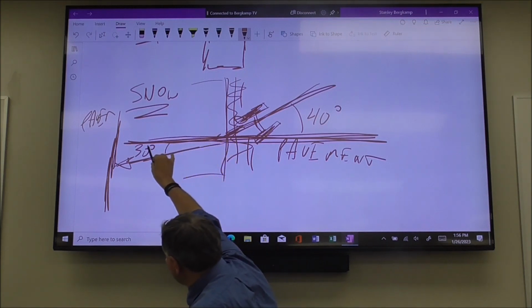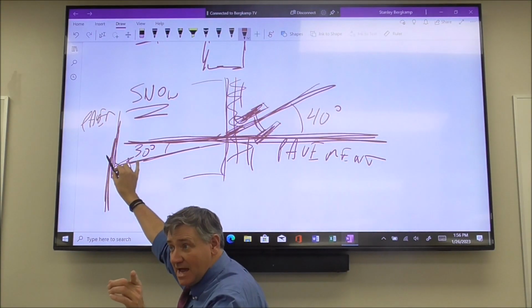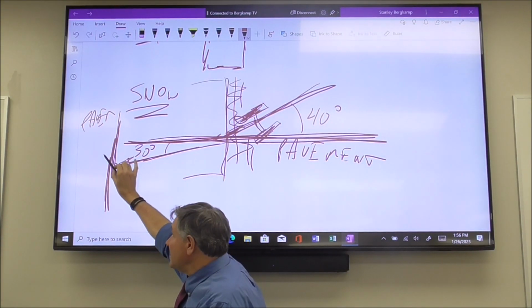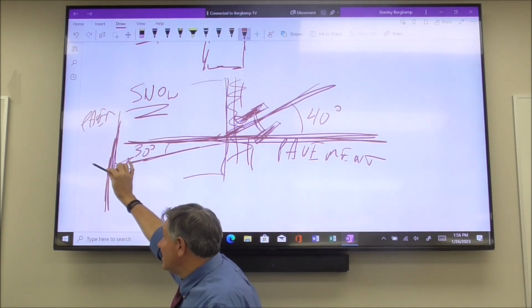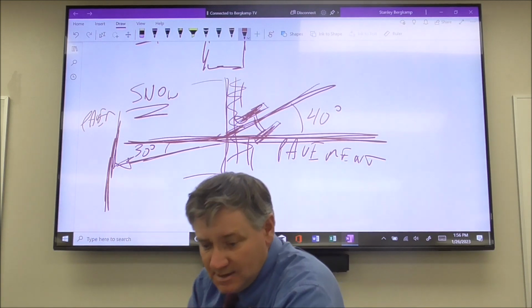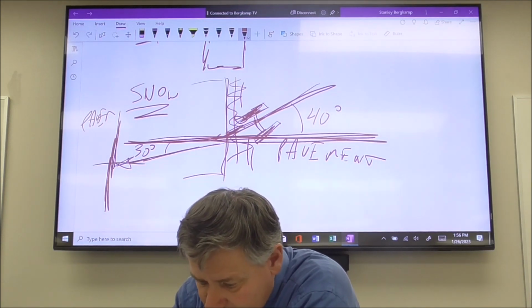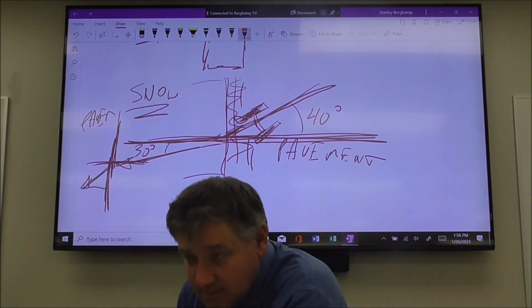Now when it hits dry pavement, what's going to happen? The opposite. This side is going to free up, and it's going to go like that, and then it's going to speed back up.